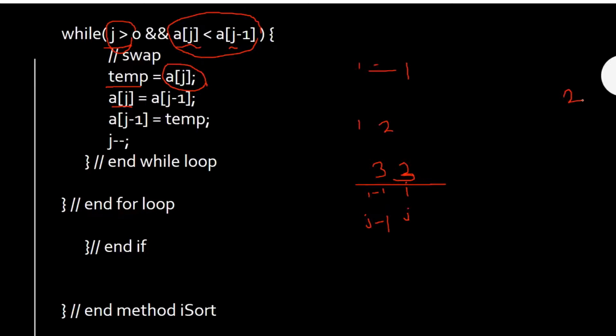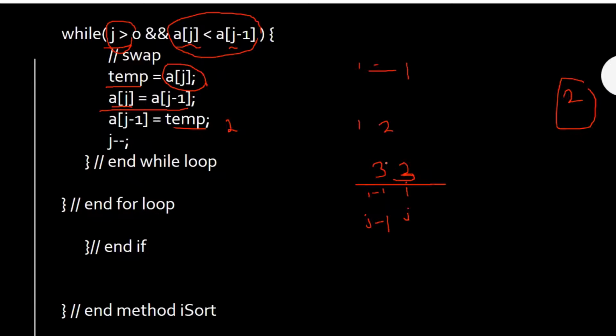In a way, we have lost the 2. But thanks to the fact that we have kept the value of our 2 in our temporary variable. So our 2 is in the temporary variable already. So then when we're through with that, we put our temp, which is our 2 now, into a of j minus 1.